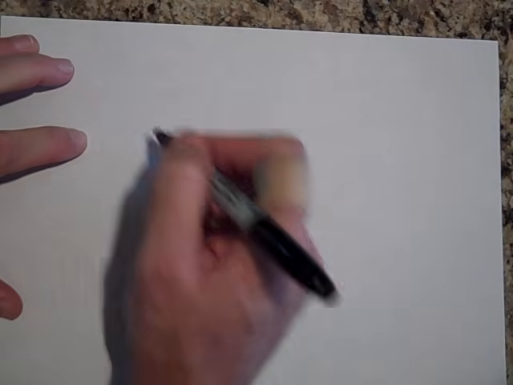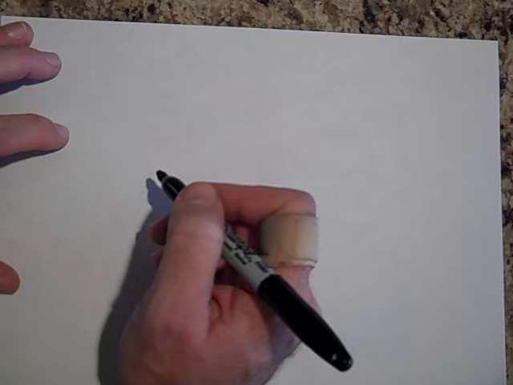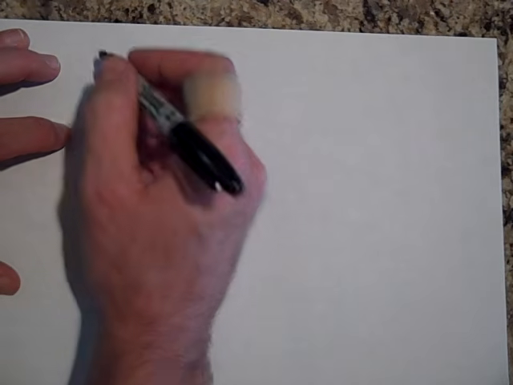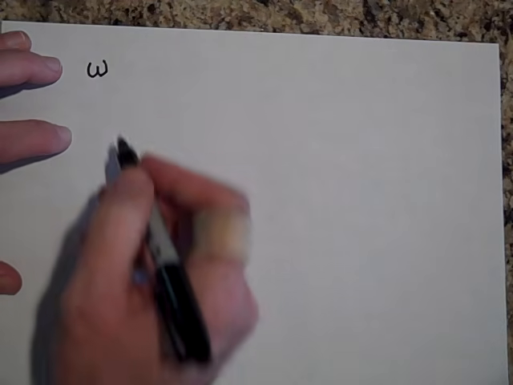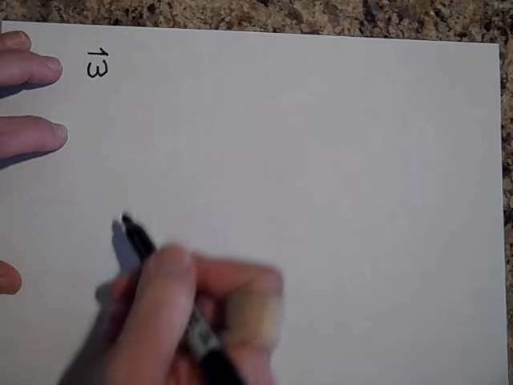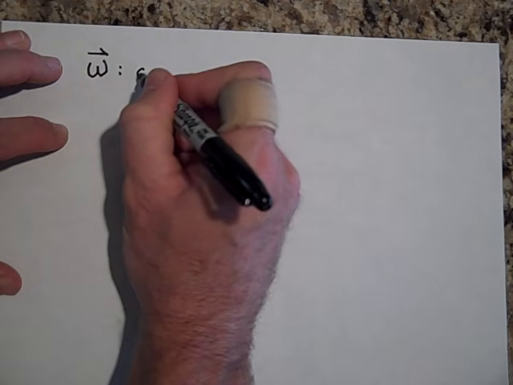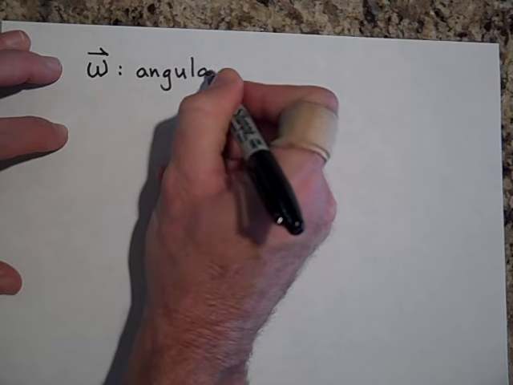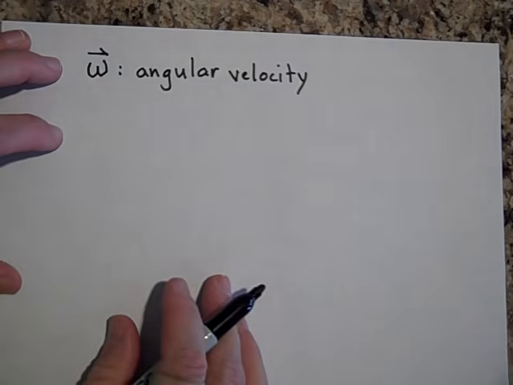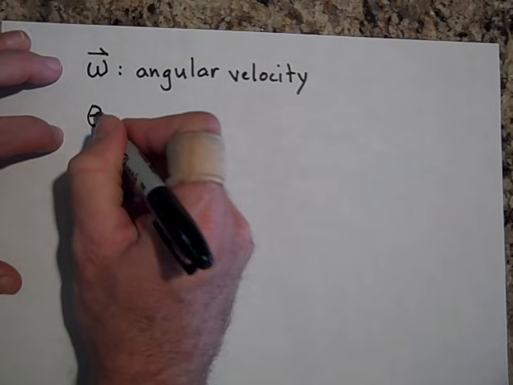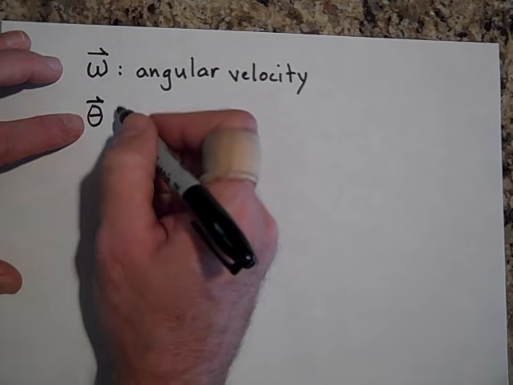Well, it turns out then that for angular speed, we can't use v for velocity or angular velocity. We're going to use some Greek letters. So this is a Greek letter omega. It is a vector quantity. It's angular speed, or angular velocity rather. If it's a vector quantity, it's angular velocity. There's theta, which is an angular position.